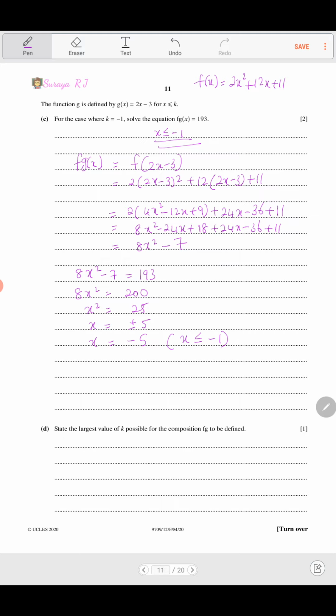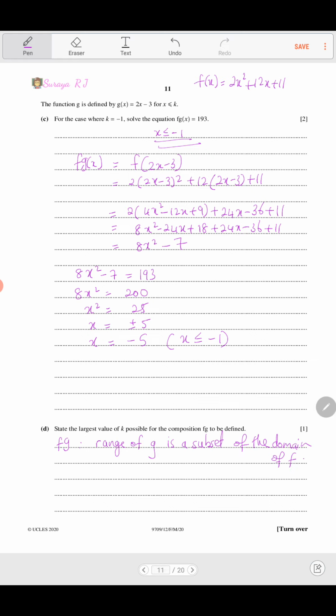Last part for question 9. State the largest value of k possible for the composition fg to be defined. So for fg to be defined, the range of g must be a subset of the domain of f.